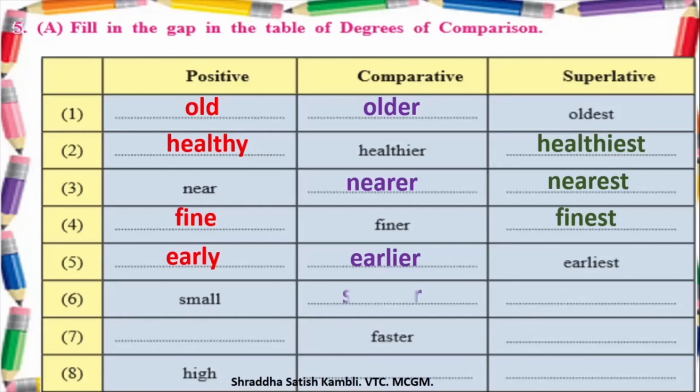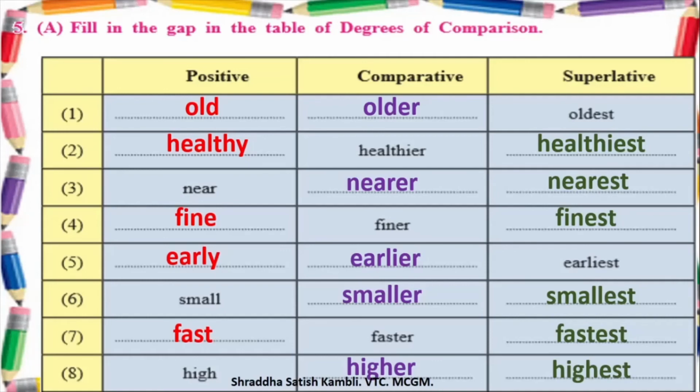Small, smaller, smallest. Fast, faster, fastest. High, higher, highest. So you saw how we completed the table and we filled in the different degrees of comparison in this particular table.